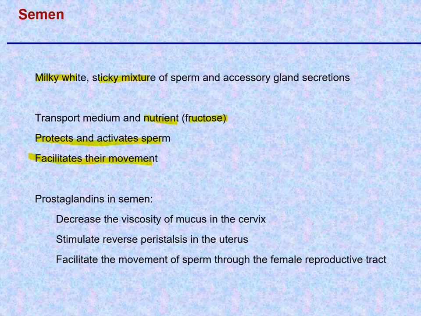There is prostaglandin in semen. It helps to decrease the viscosity of the mucus secretions of the cervix. The cervix is the very end of the uterus that projects into the vaginal canal. Prostaglandin not only decreases mucus viscosity in the female reproductive tract, but also triggers reverse peristalsis of the uterus, which are waves of contraction of the smooth muscle of the uterine walls to help movement of sperm up through the female reproductive tract.